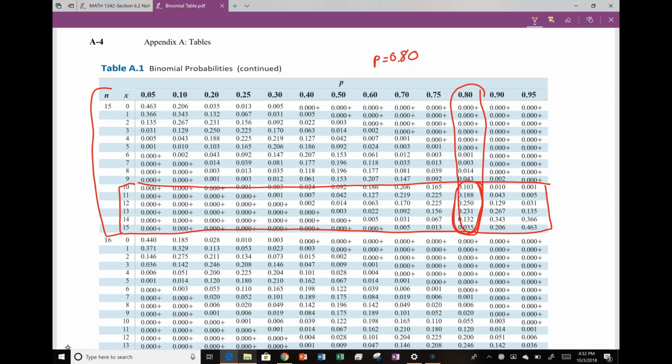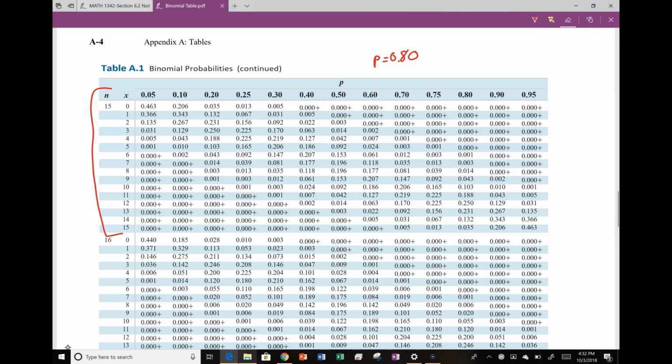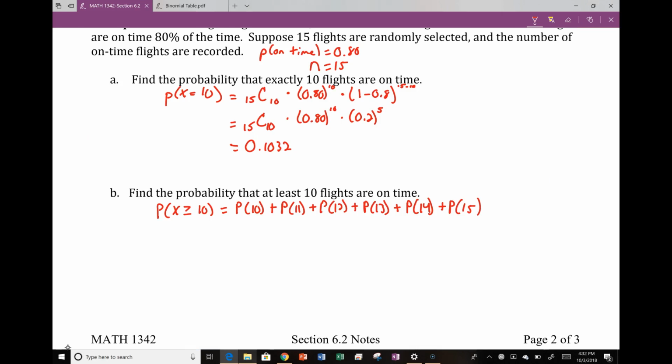So we're looking at 0.103, 0.188, 0.250, 0.231, 0.132, and 0.035. We can add all of those values up to get our probability.